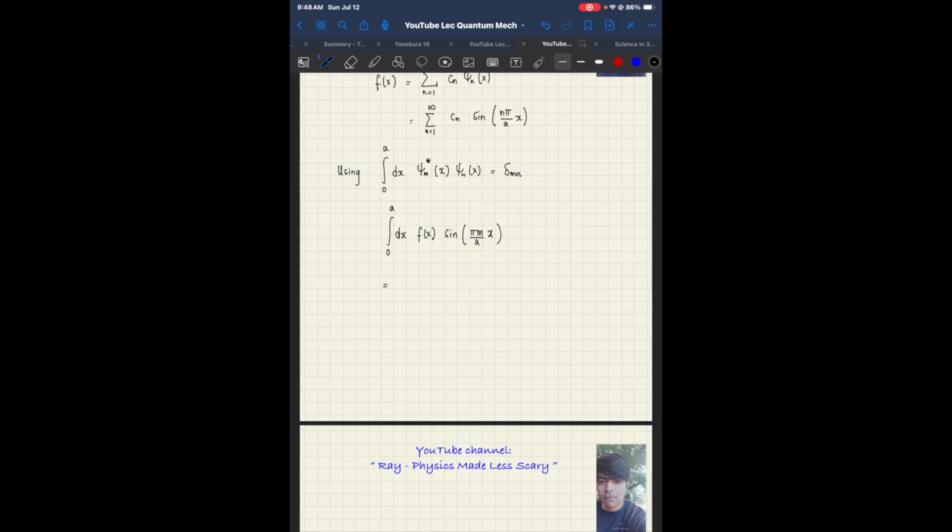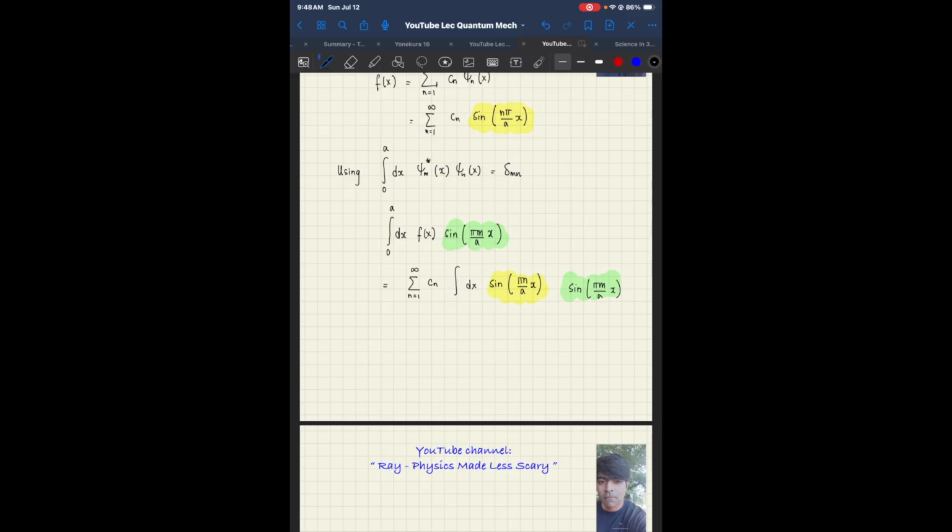I get this simple expression equal to the sum from n = 1 to infinity of Cn, integral dx of sine of n pi x by a, this is this guy, times sine of m pi x by a, which is this guy, right?